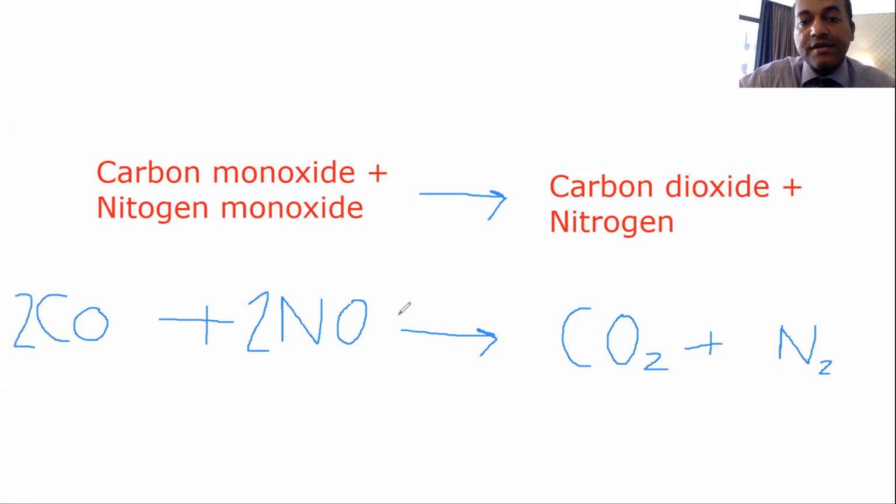So I want to put 2 here. I'm going to put 2 here. So now we have 2 carbon on our left, 2 carbon on our right. We have 2 oxygen here and 2 oxygen, 4 oxygen. We have 4 oxygen and we have 2 nitrogen on the left, 2 nitrogen on the right. All right. So we have finished these 3 equations without memorizing them. Okay.